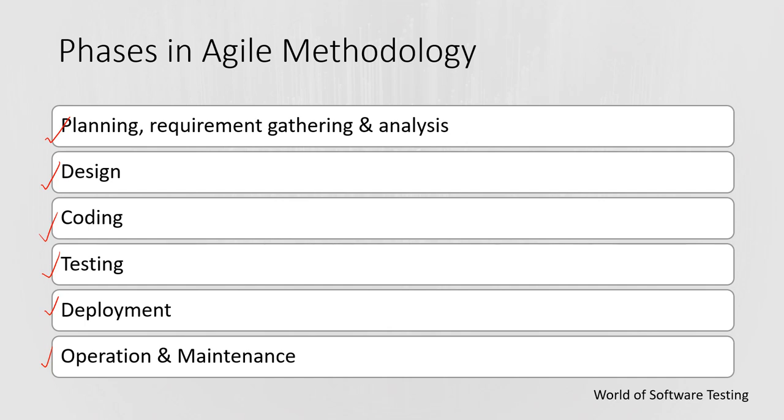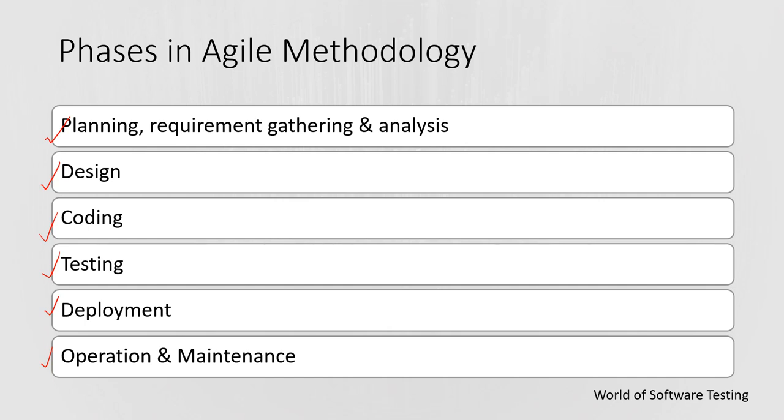Then the testing part: again the test engineers will identify the test scenarios, and based on those test scenarios they will prepare the test case design, and then the test cases will be executed once they get the build from the coding team or the development team. And once the testing is completed, if there are no defects available in the application, then the testing gets completed, and the application can be deployed to the production environment.